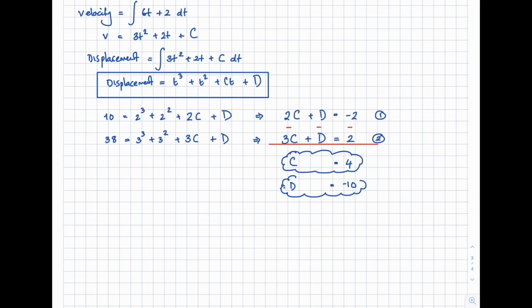So what do we do with this value for c and value for d? Well, go back to this rectangular box up here. c and d were our unknowns. We just calculated those unknowns, so we can now say therefore our displacement is equal to the following: t cubed plus t squared plus 4t plus d, which in this case is minus 10.